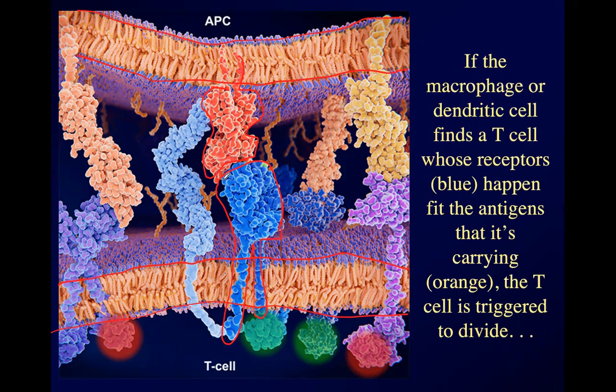Just like if you have a key and you try it in every lock, eventually you'll find one that opens. And we see, again, this is another really important example of how the shape of proteins determines what they can do. And so if the antigen matches the T cell receptor, that T cell is triggered to divide.